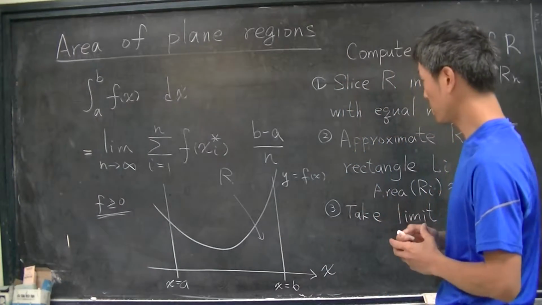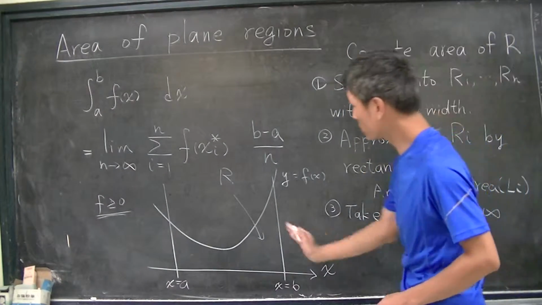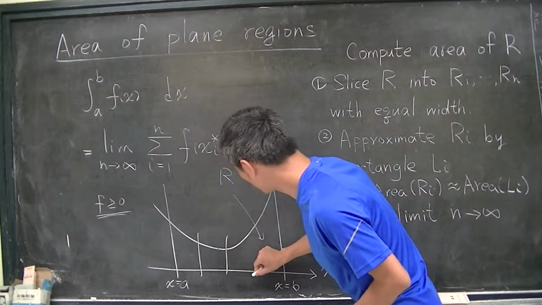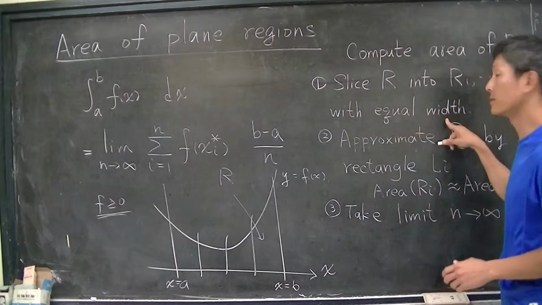So the idea is, first, we try to cut R into several small pieces with the same width.